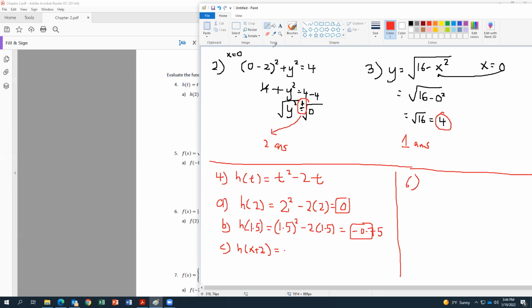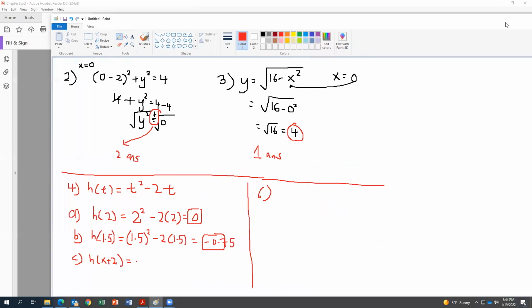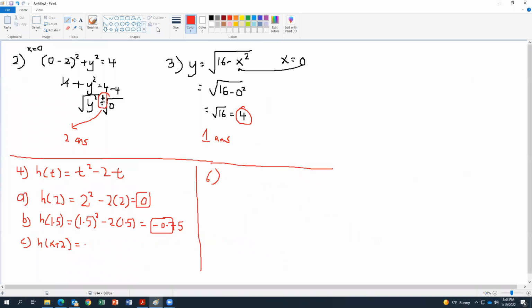Doesn't matter. But what I want to point out to you here is this last question, where it's asking for h(x + 2). So please pay attention on this one, because a and b are easy because you just plug 2 or 1.5 into t, right? So here you have to plug x plus 2 into your t.